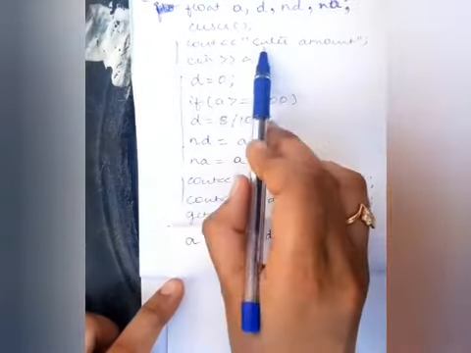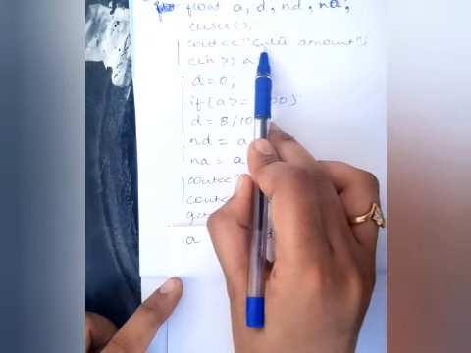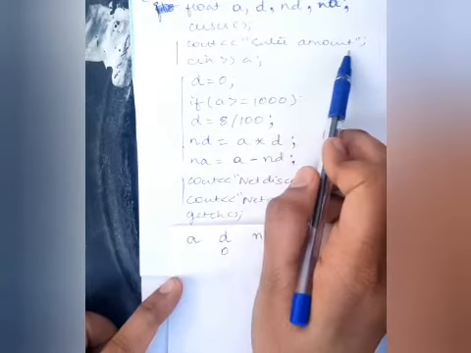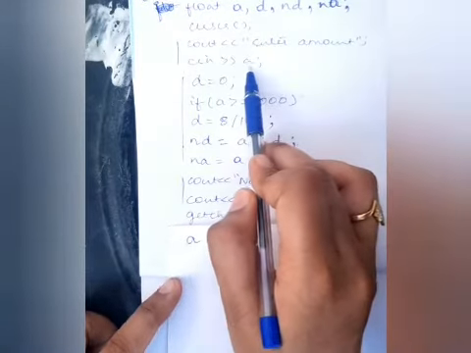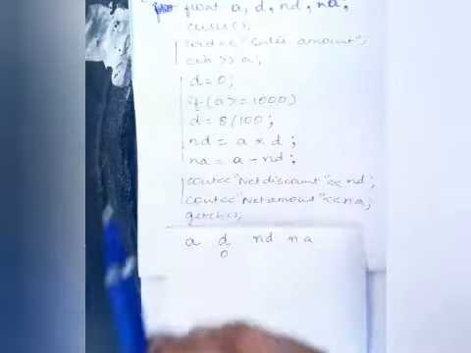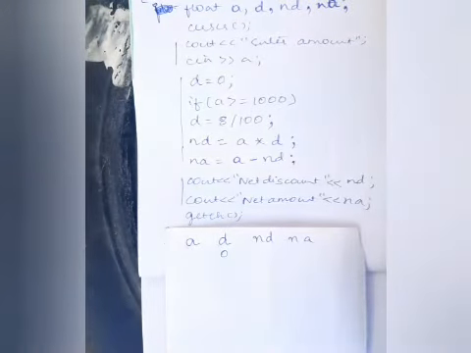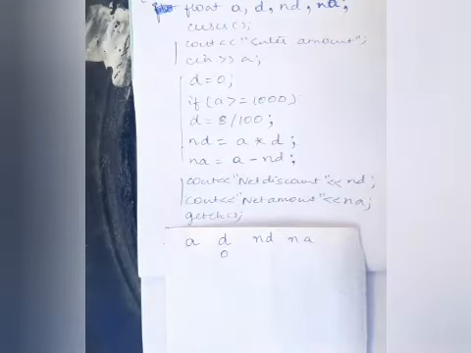Now look at the message. First output to be displayed on the screen is enter amount. The user is going to enter some amount. It may be below 1000 or above 1000. We'll try it out for both conditions.